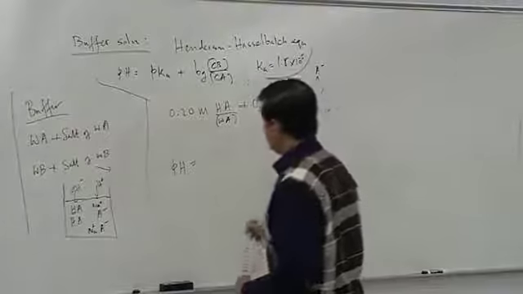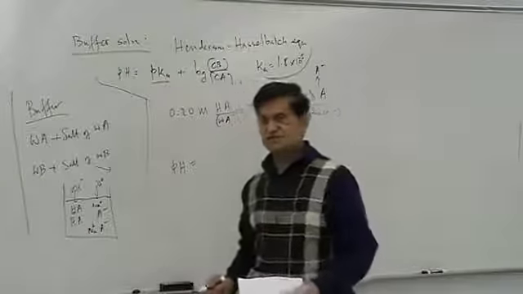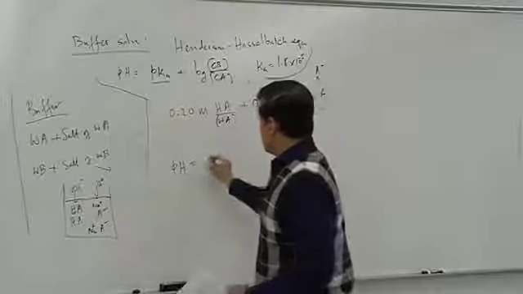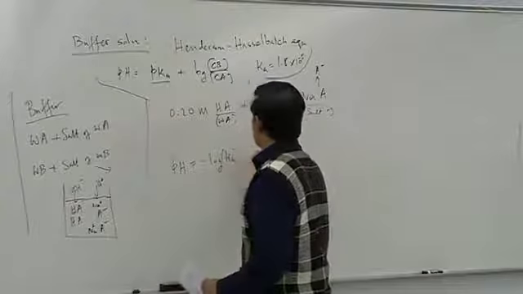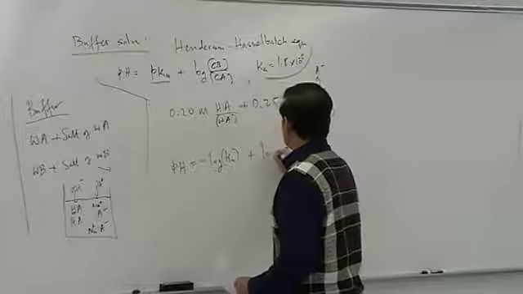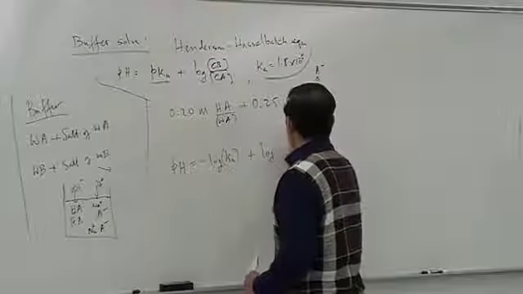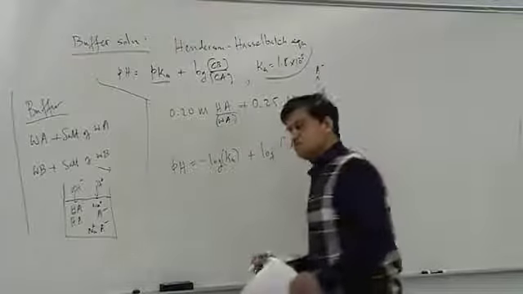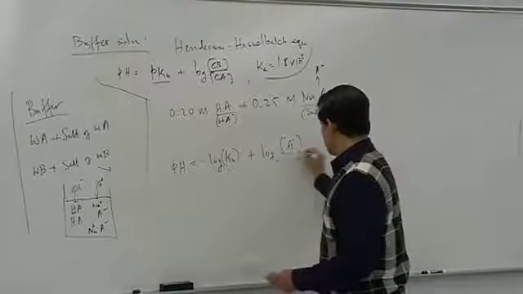Okay, now let's do the math. pKa, just like pH, is a minus log of the Ka value, plus log of the concentration of the conjugate base. In our case, the conjugate base is A-. That's coming from NaA. Since sodium gets separated, we don't need to worry about it.